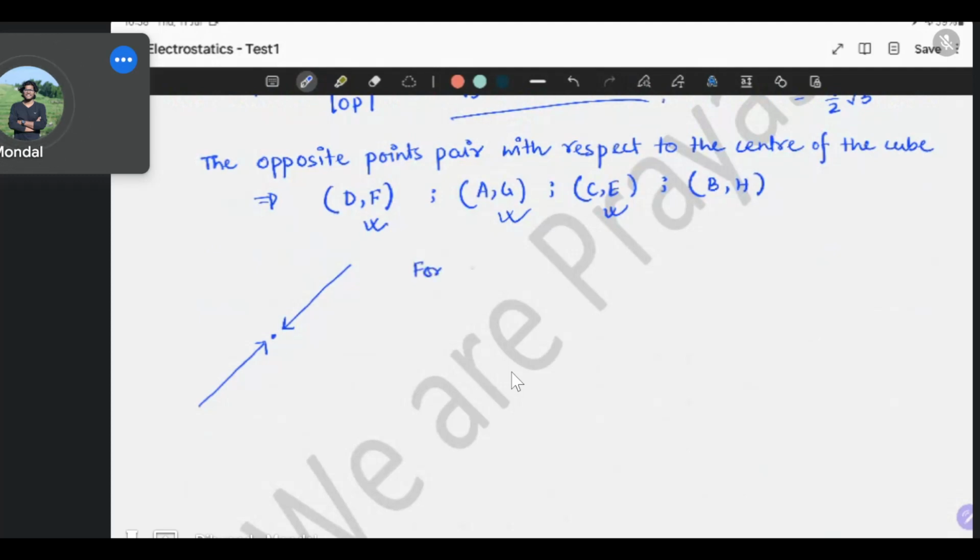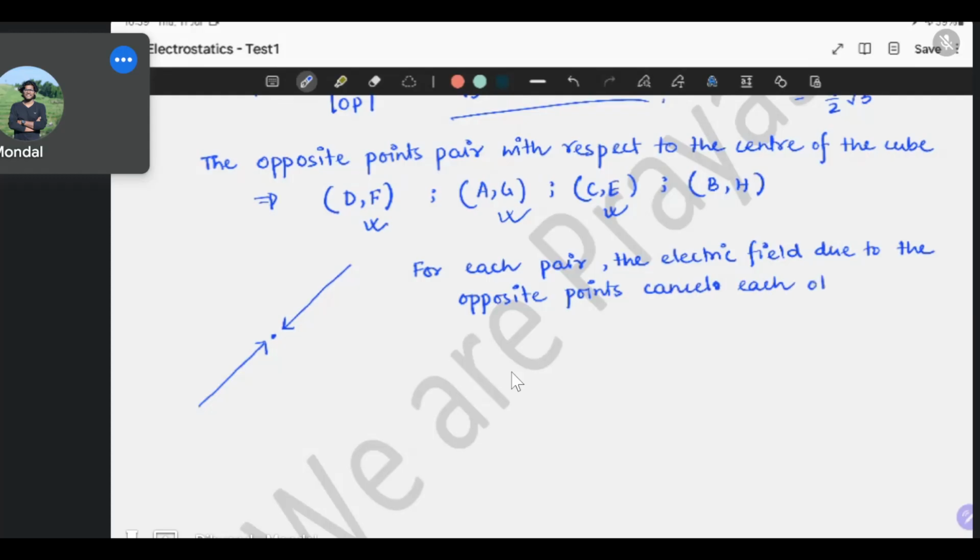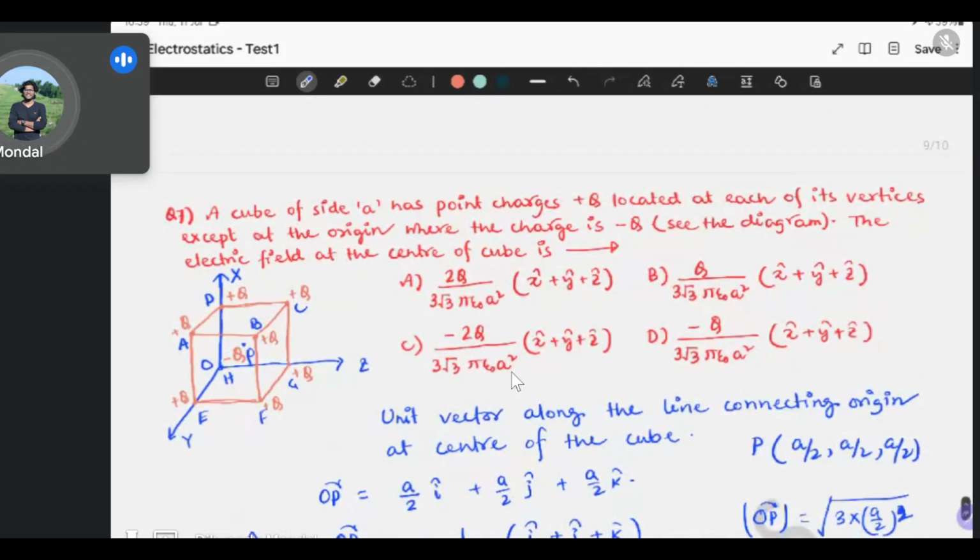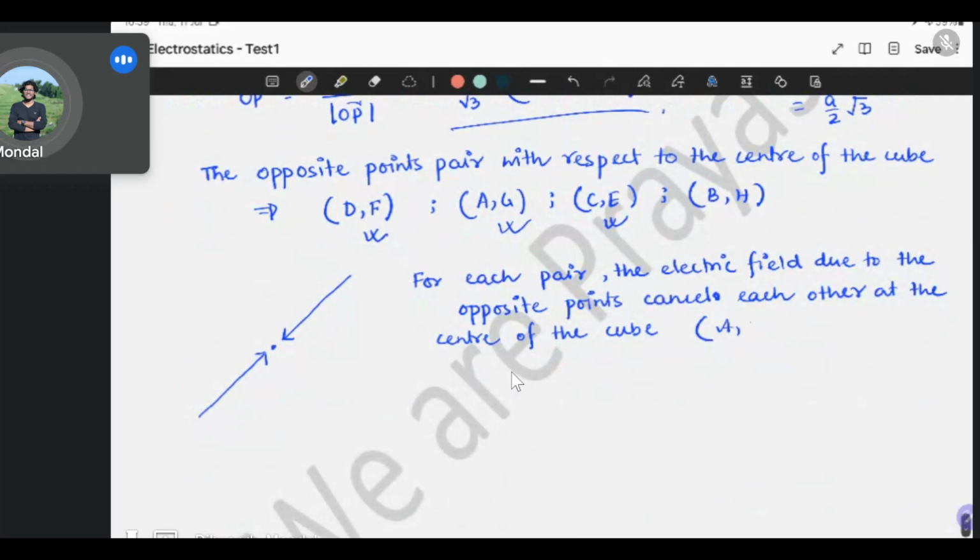For each pair, the electric field due to the opposite points cancels each other at the center of the cube. For which pairs? DF, EC and AG.